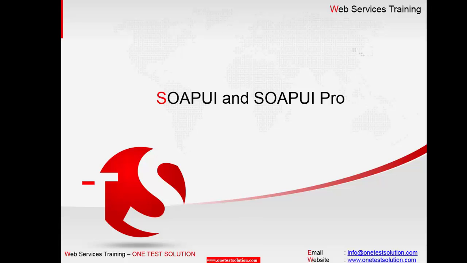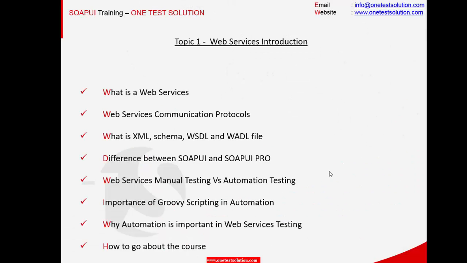Let's quickly review the agenda, what we are going to talk about today. We will first understand what exactly a web service means, what are the different communication protocols which are used in web services. We'll talk a little bit on XML and WSDL files. Then we'll see what are the differences between SoapUI and SoapUI Pro.